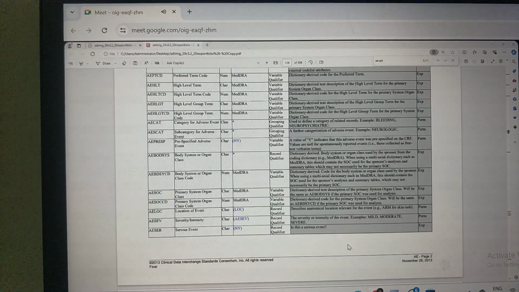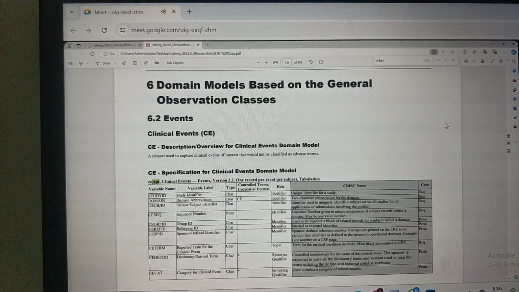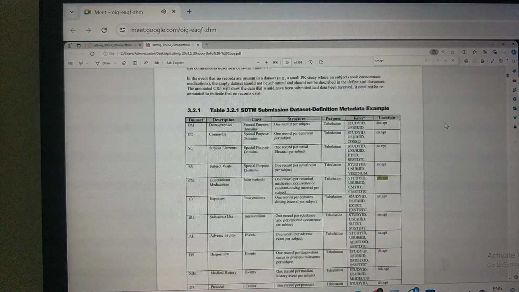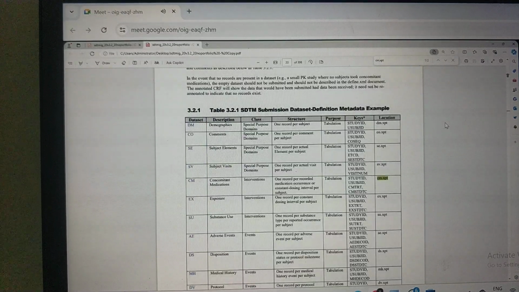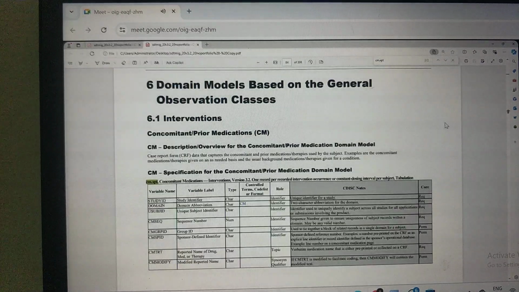Okay, so if no questions, I think we can discuss today another domain like concomitant medication. I hope everyone can see my screen, right? Yes, sir.